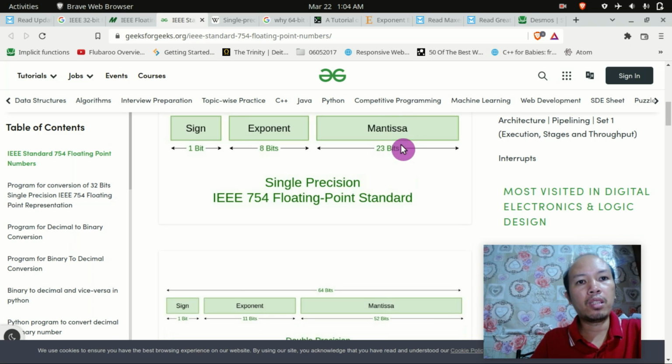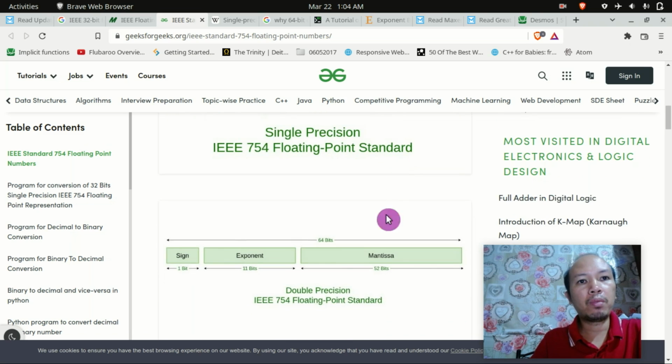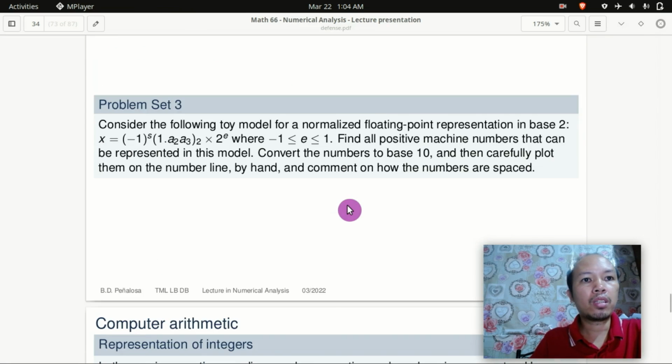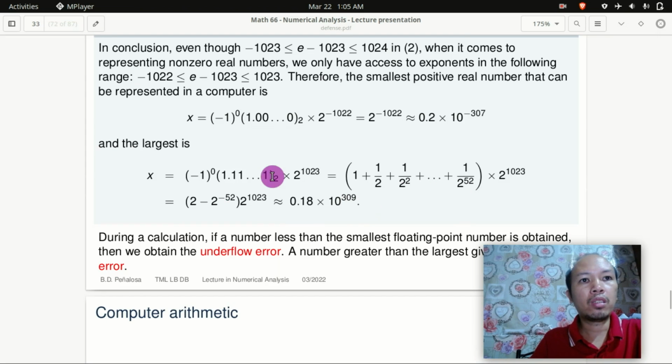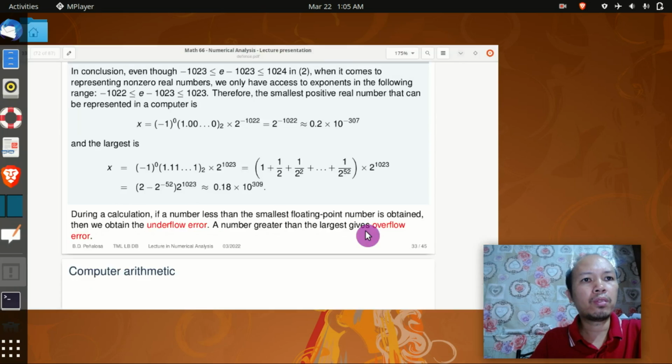So that's why in the double precision we have 52 bits in the mantissa. And if you recall in our discussion, in our expansion, we have the exponent 52, because we are considering the fractional part only.